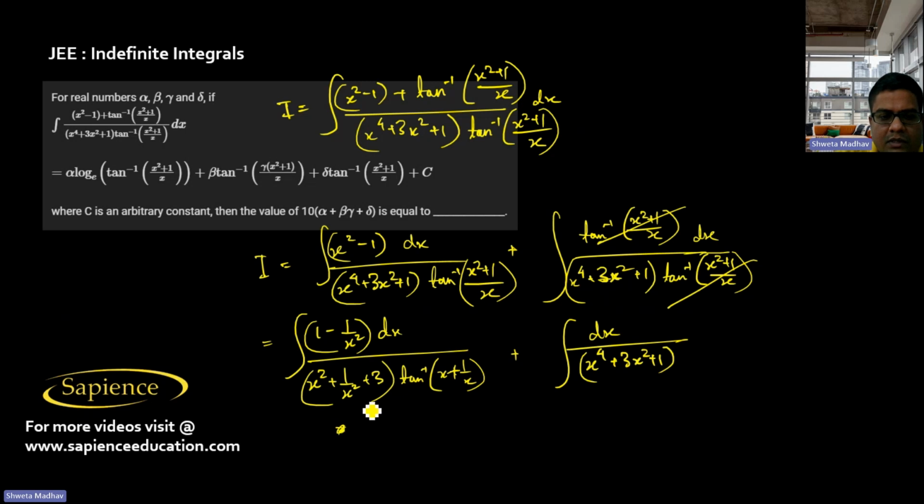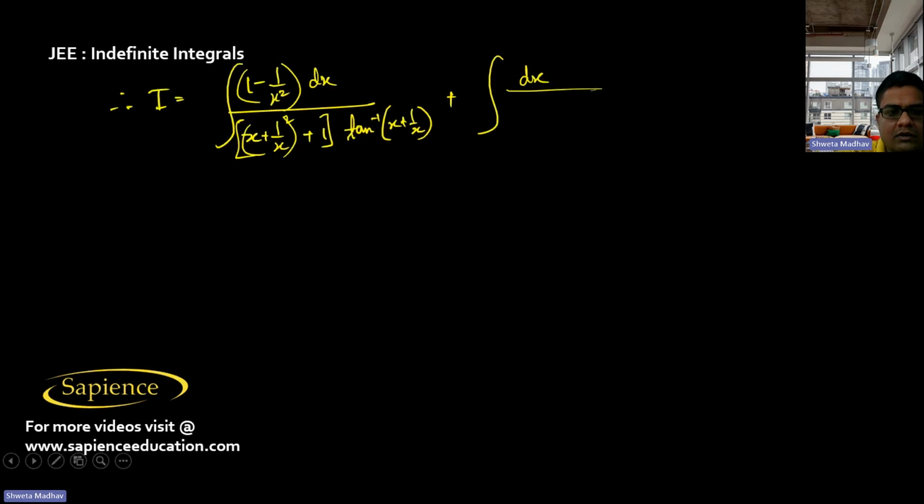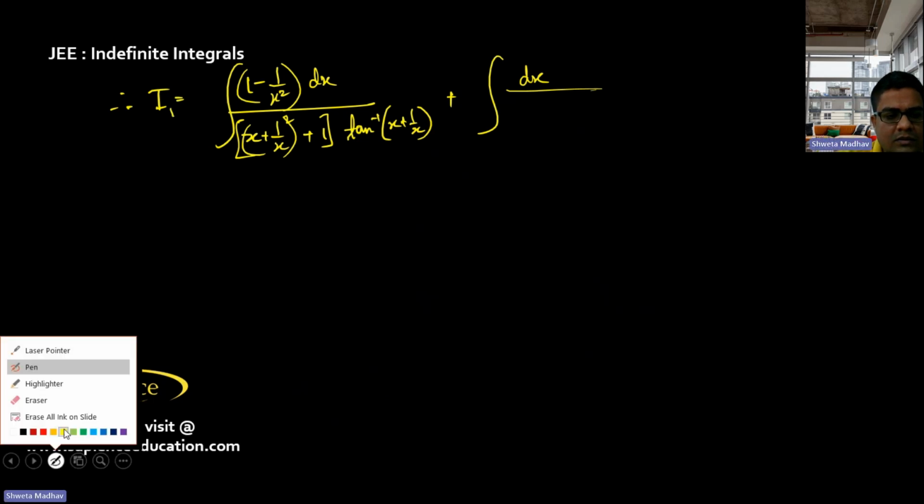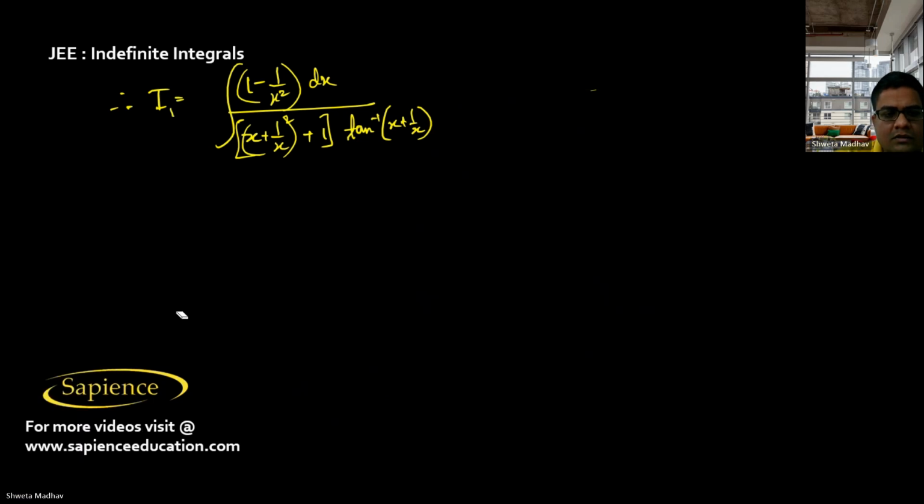Now here, let's call this integral I1 and this I2, suppose. So now we have to solve this integral I1 first. So I1 is this. Now here we can take x plus 1 by x as t.